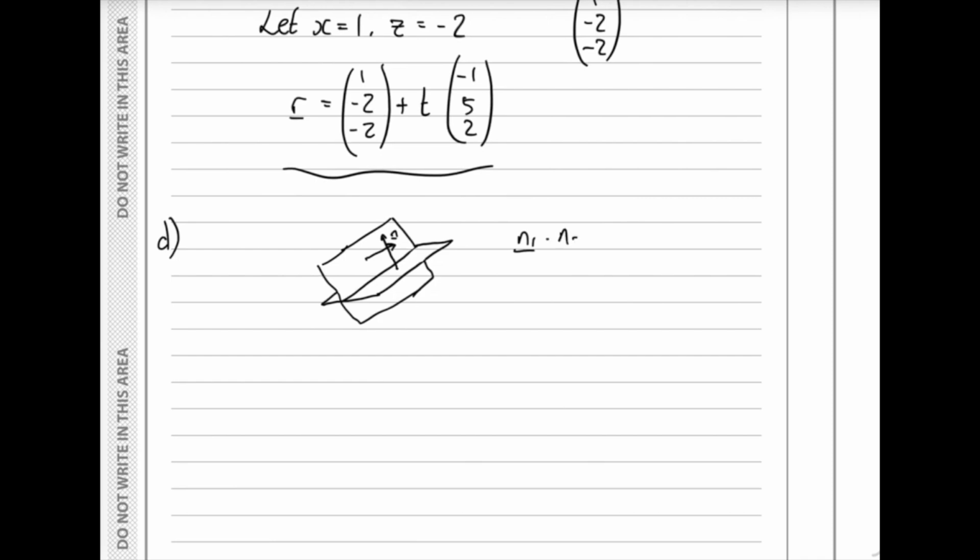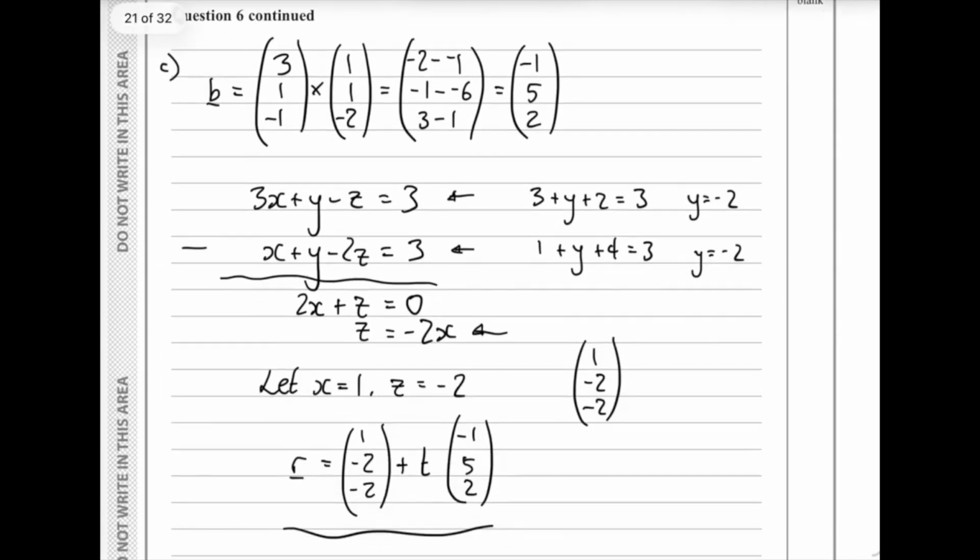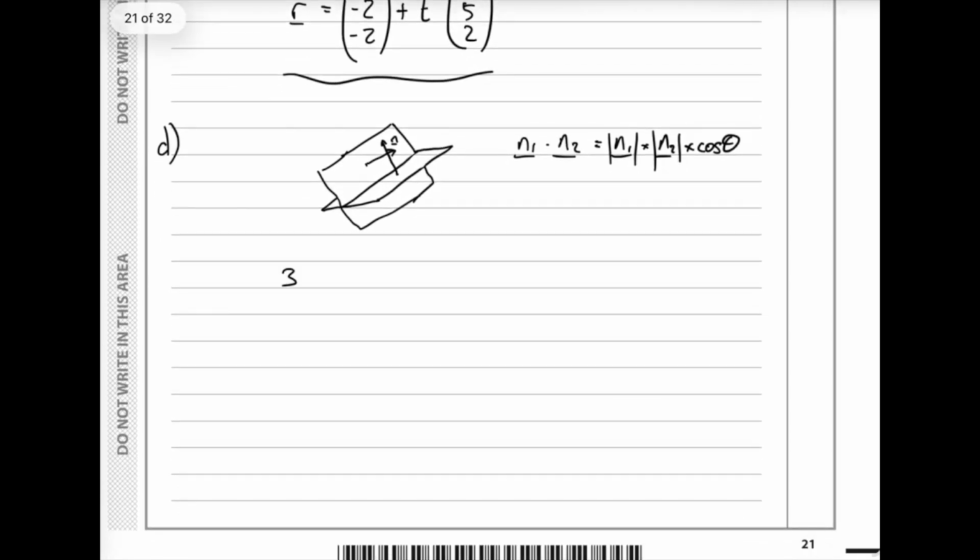n1 dot n2 is the magnitude of the one times the magnitude of the other times cosine of the angle between them. And we have the two normals somewhere. There they are, 3, 1, minus 1, and 1, 1, minus 2.